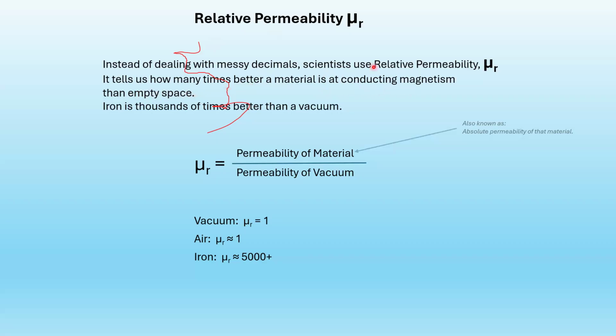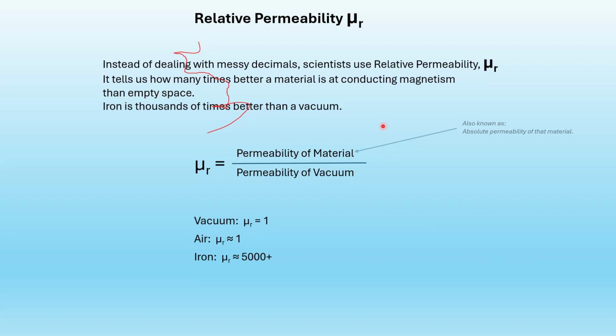So how much better it is than a vacuum when it comes to conducting the magnetic field. For example, iron is some 5,000 plus, maybe 6,000, depending on what kind of alloy we're talking about. So it's 5,000 or 6,000 times better in conducting than the vacuum or the air. So that is worth noticing.